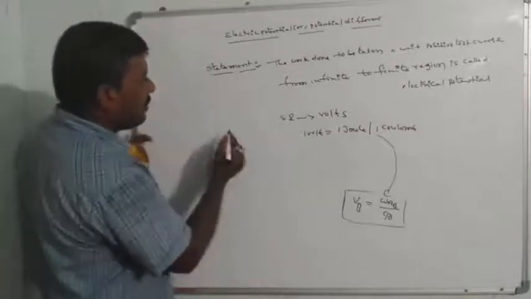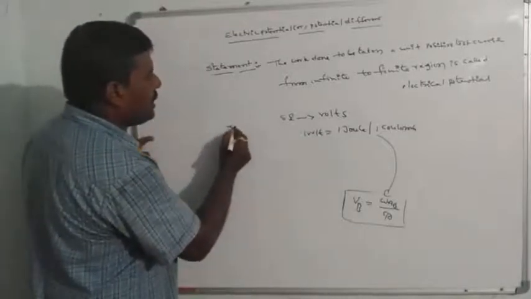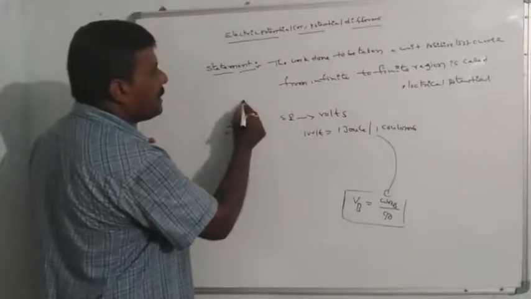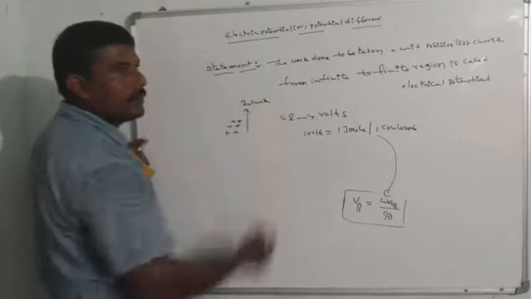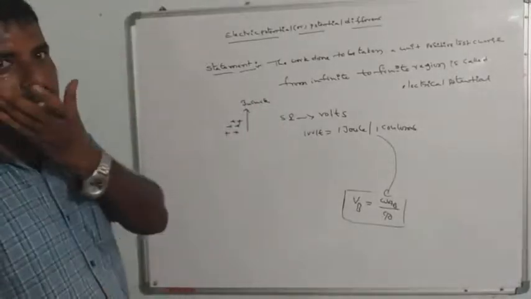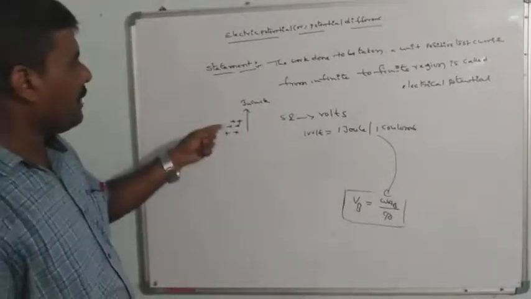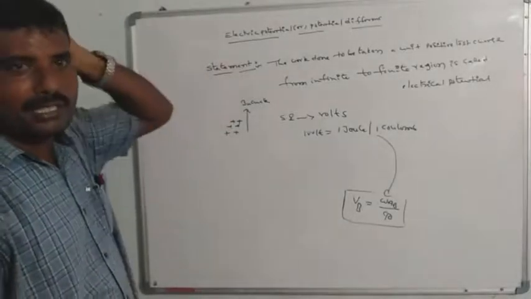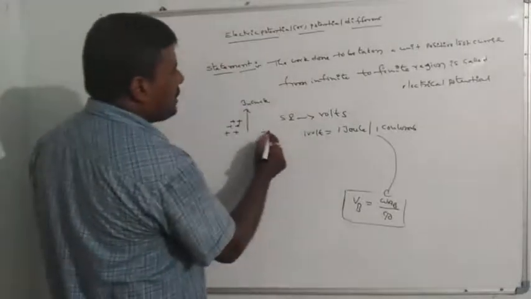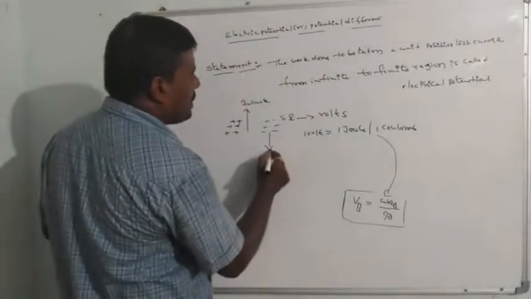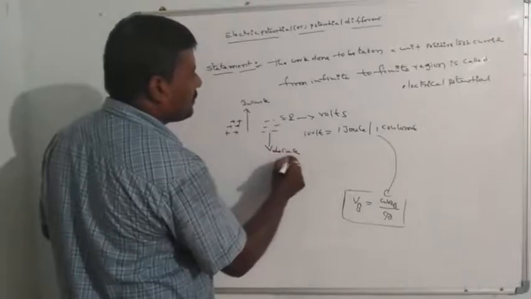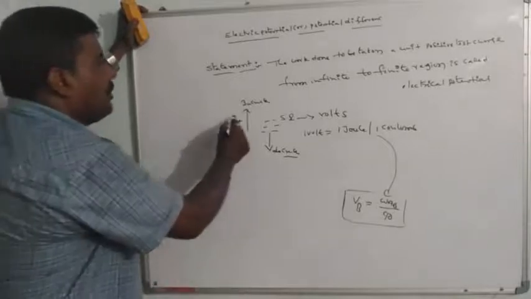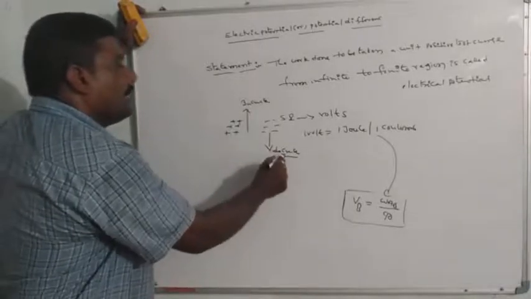That means where the positive charges are increased, the voltage or the potential is increased. Where the negative charges are increased, the voltage or the potential decreases. So there is a maximum voltage and a minimum voltage.